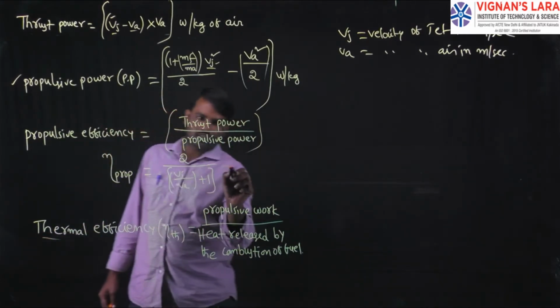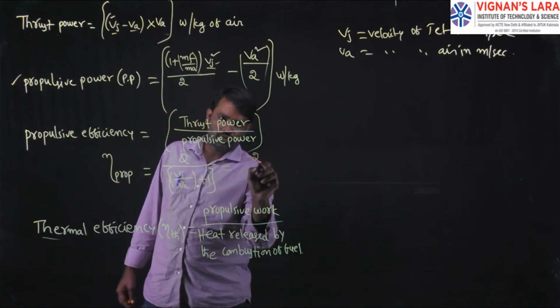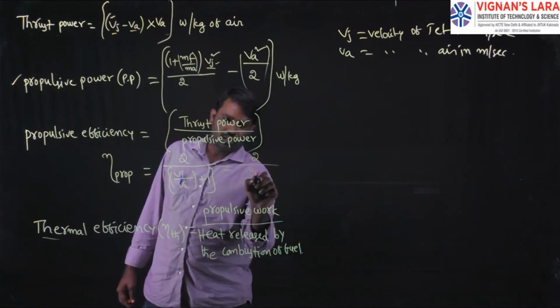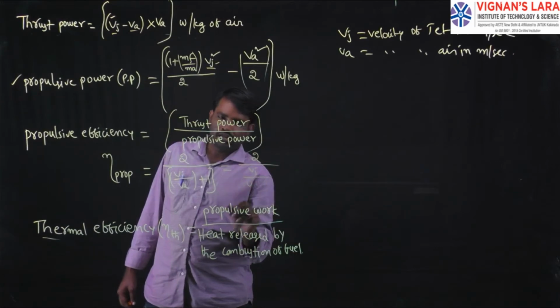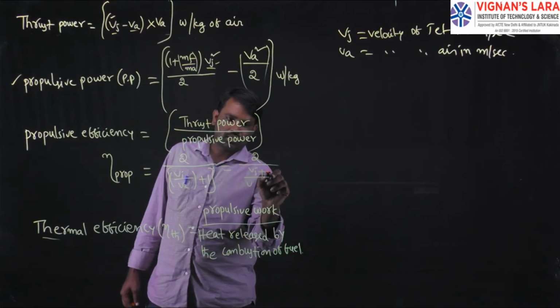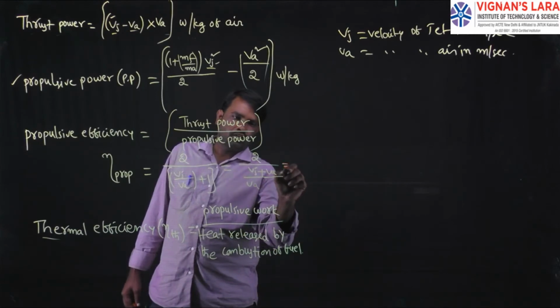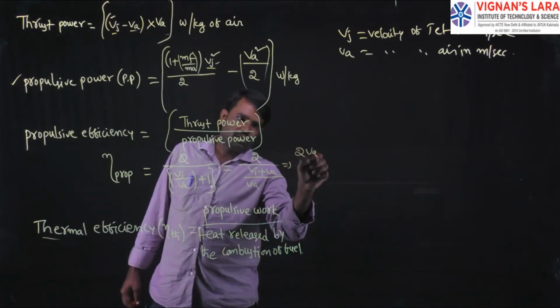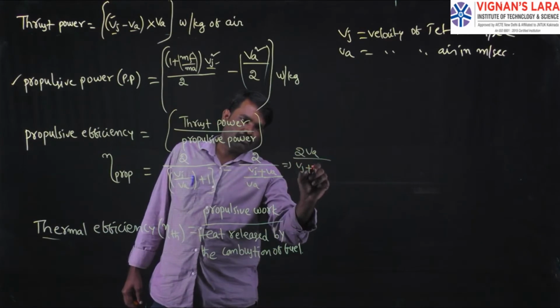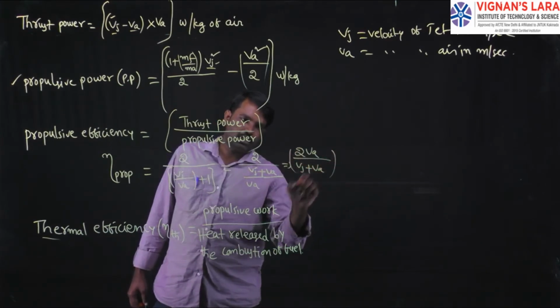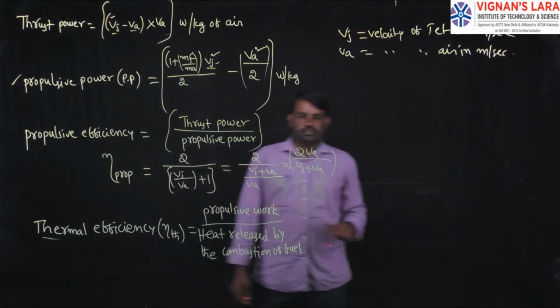You can simplify this equation also: 2 divided by (Vj + Va)/Va, so 2 Va divided by (Vj + Va). In that manner also you can write the propulsive efficiency.